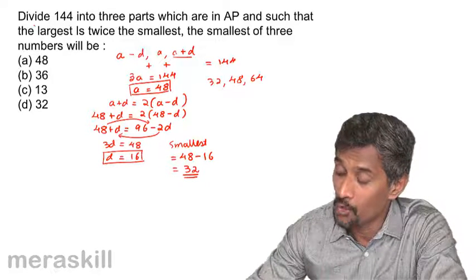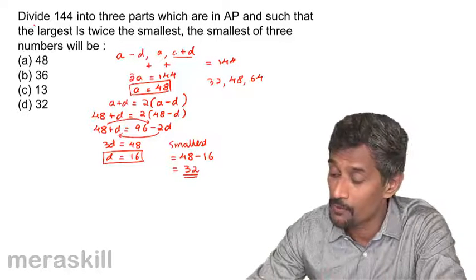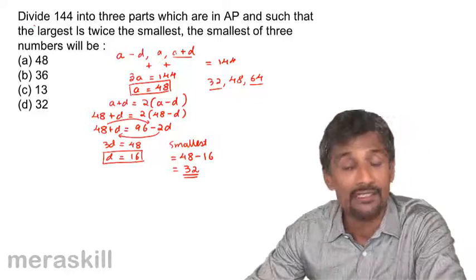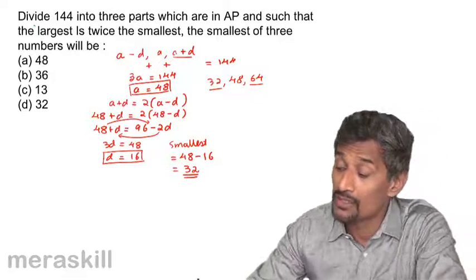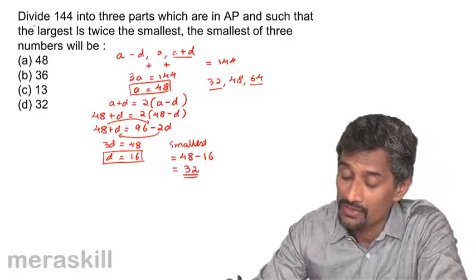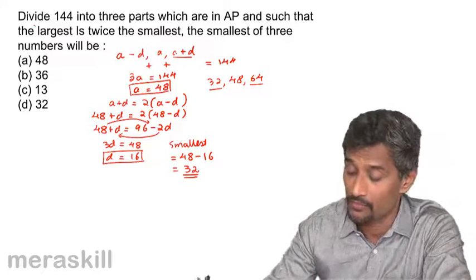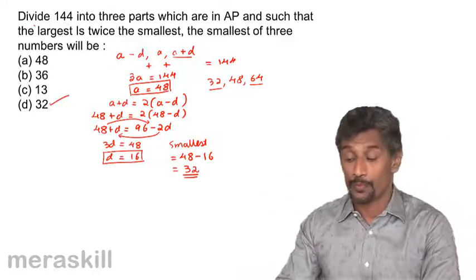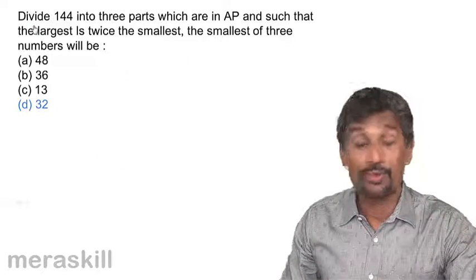If you add up all these, 32 plus 48 is 80, 80 plus 64 is 144. The ratio of the biggest to the smallest: 64 is twice 32. The question is the smallest of the three numbers. If the same question asked for the largest among the three numbers, it would be 64. So our right answer here is going to be 32, and we do have it as 32.